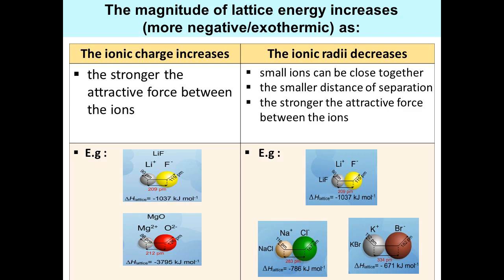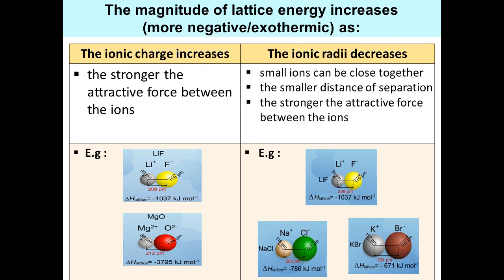The ionic charge of Mg2+ and O2− is higher than that of Li+ and F−, so the lattice energy of MgO is higher than the lattice energy of LiF.